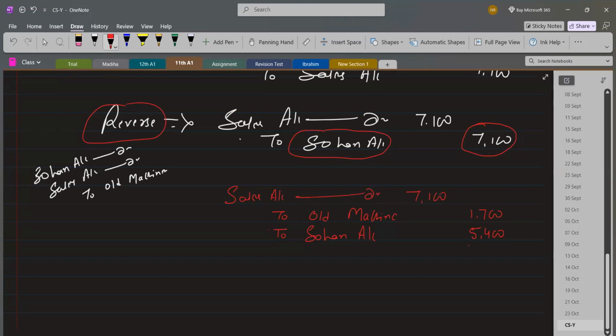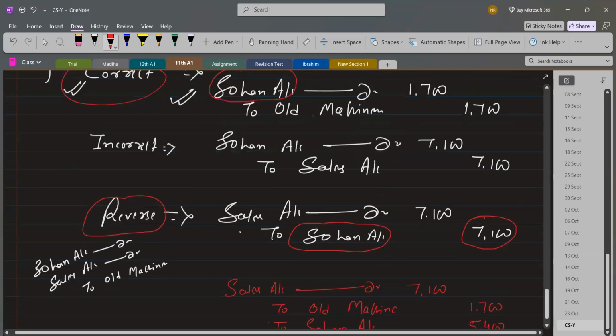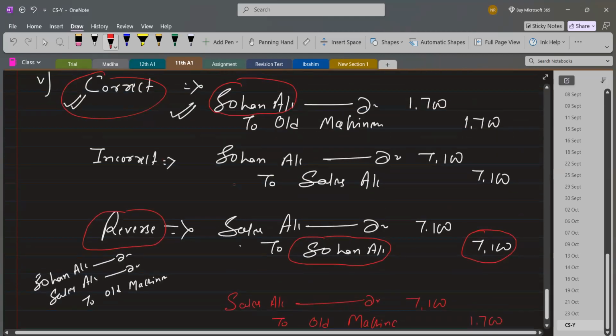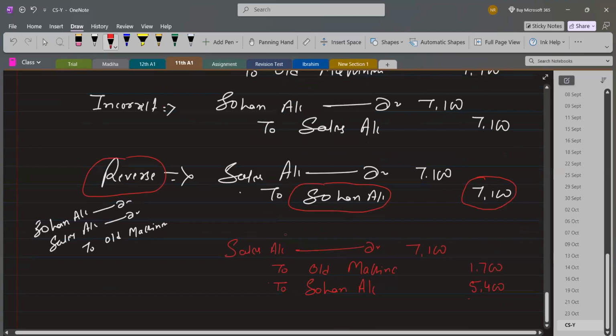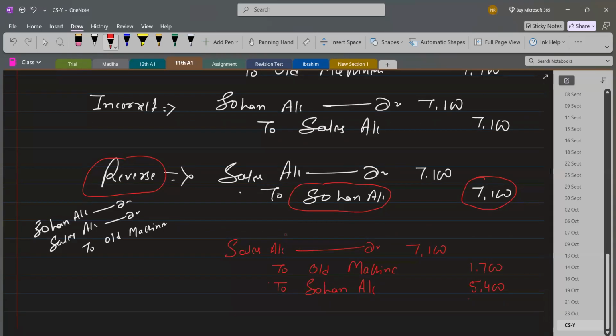So this is the entry. Sales is on the same side, old machine is on the same side, and Sohan is common in both entries. So we have written Sohan account on the side where the amount is higher, with the difference: Sohan account on the credit side with 5400. Tell me, Abdullah, Madhya, is it clear?